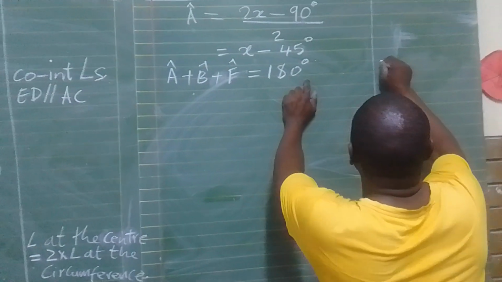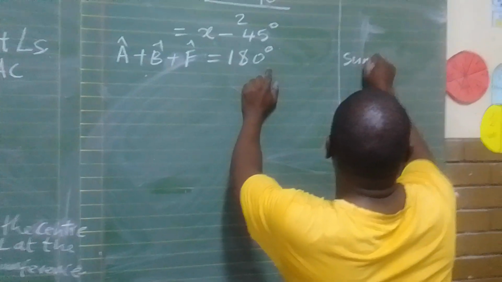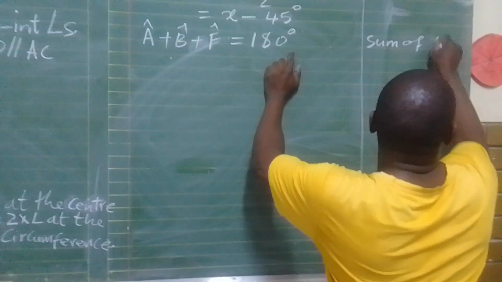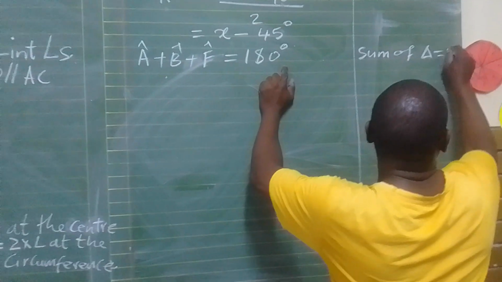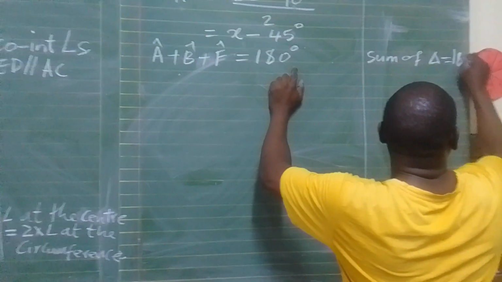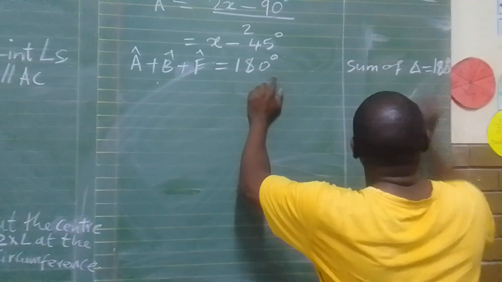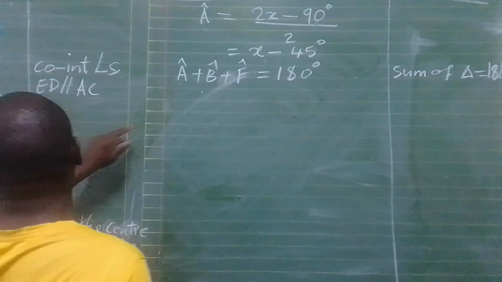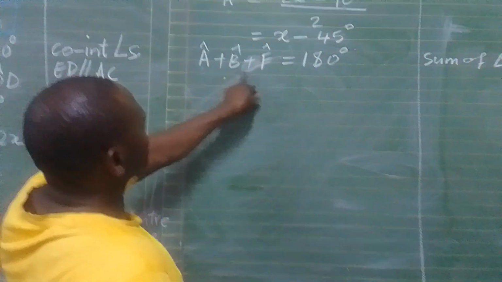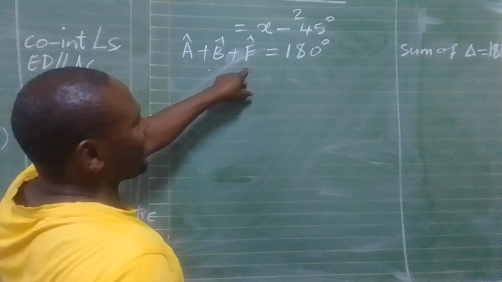Reason for that: sum of angles in a triangle equals 180 degrees. Now A is known, B is not known, F is known. F is 90.